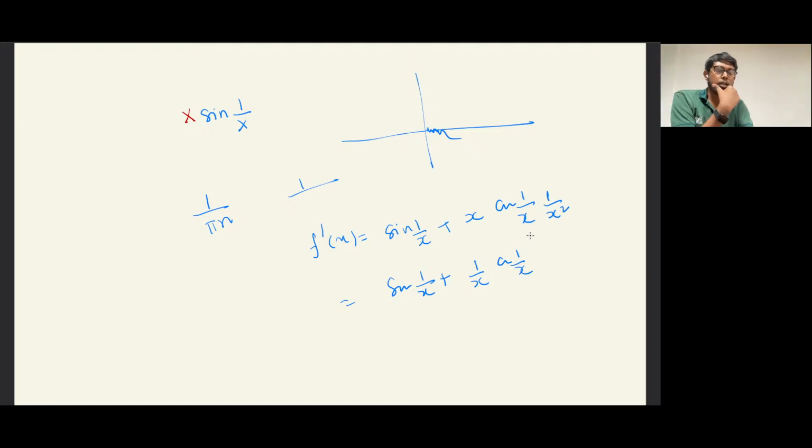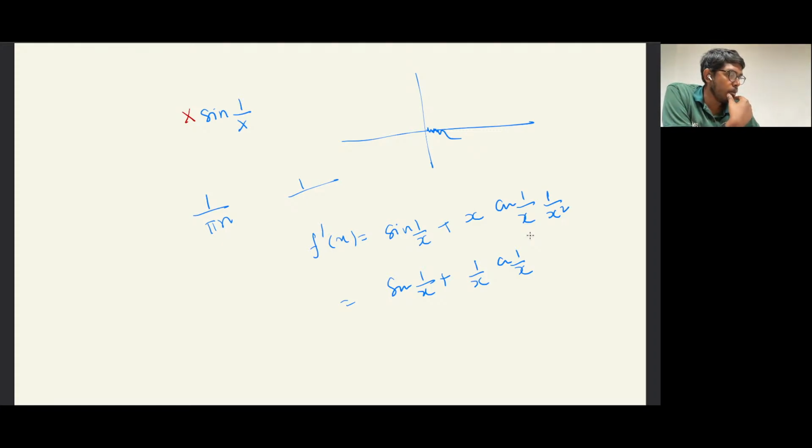But this limit again on 0 to 1, we don't know. It may not be bounded, as limit x tends to 0.